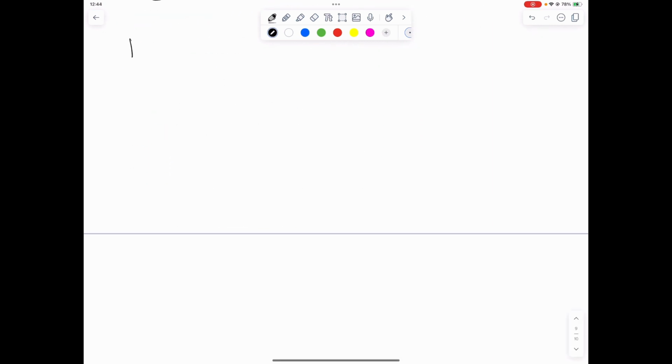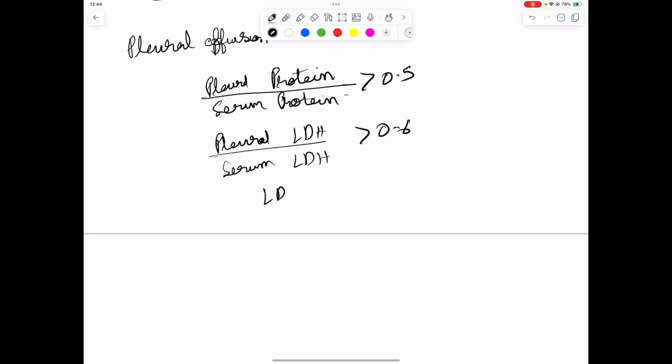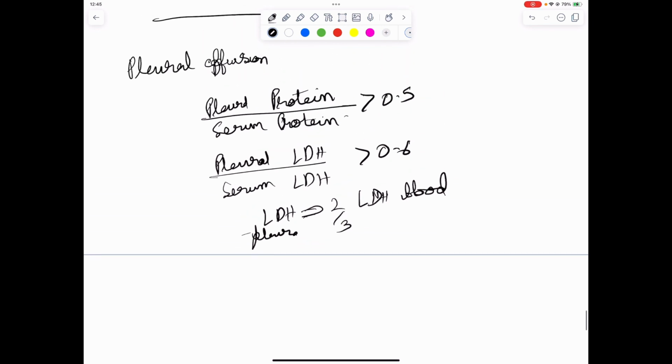Now we come towards pleural effusion. Just remember these certain criteria. Arrange first pleural protein over serum protein, then pleural LDH over serum LDH. The protein ratio is greater than 0.5, the LDH ratio is greater than 0.6, and pleural LDH is more than two-thirds of the upper limit of serum LDH.